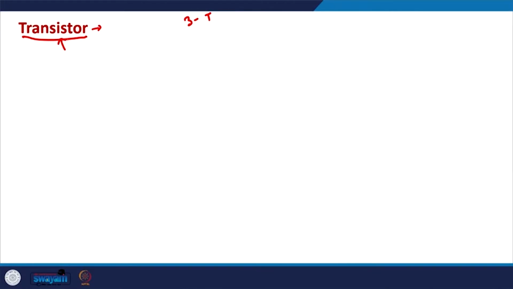If we try to understand the name transistor, there are two versions in which this name can be understood. One is the transfer varistor and the second is the transfer resistor. So, the transistor is a 3-terminal device in which the current is transferred from a low resistor regime to high resistor regime.